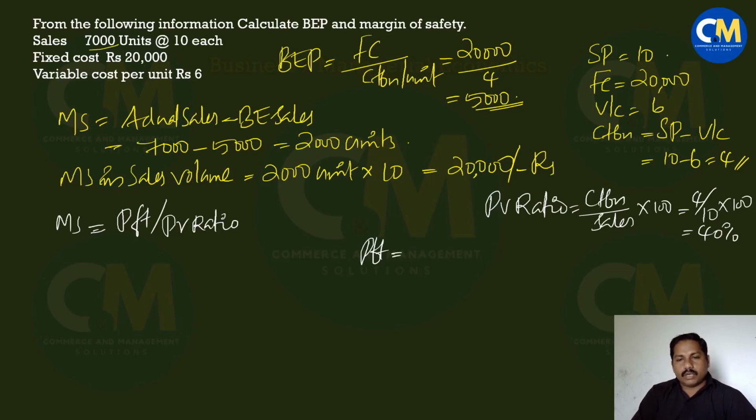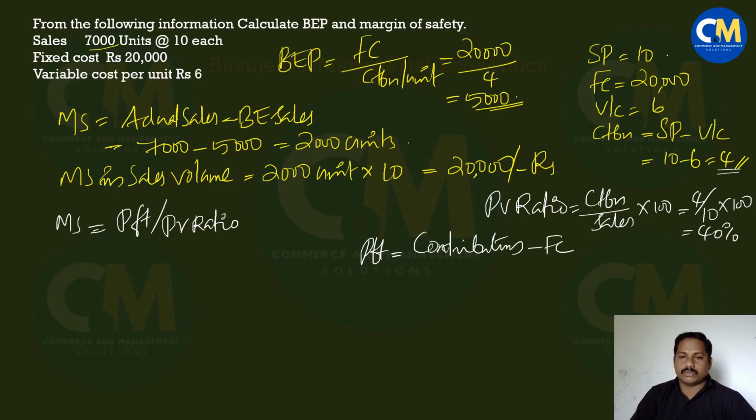To calculate the profit, we know the contribution equation: contribution is equal to fixed cost plus or minus profit or loss. By using that equation, we can calculate the profit. So profit is equal to contribution minus fixed cost.